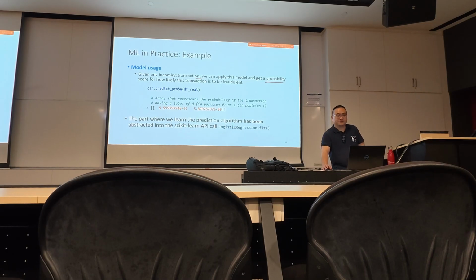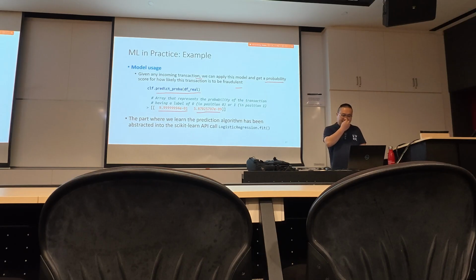You can call the function that predicts probability, giving the features of the new transaction. And then you can see that for this transaction, the model predicts almost 99% that this is a normal transaction, and almost 0% probability that this is a fraudulent transaction.